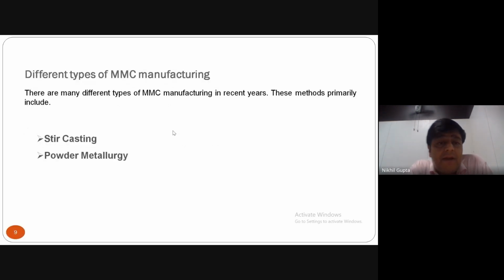Sir, now if we discuss some basic techniques to fabricate the MMC material: stir casting and powder metallurgy. These are the traditional fabrication methods to make the metal matrix.